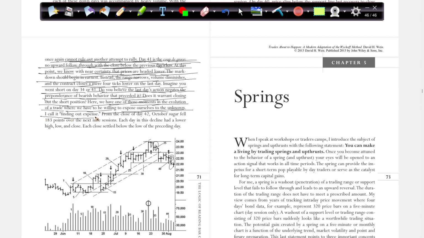I call it finding out expense. From the close of day 42, October sugar fell 183 points over the next 9 sessions. Each day in this decline had a lower high, low, and close. Each close settled below the low of the preceding day.